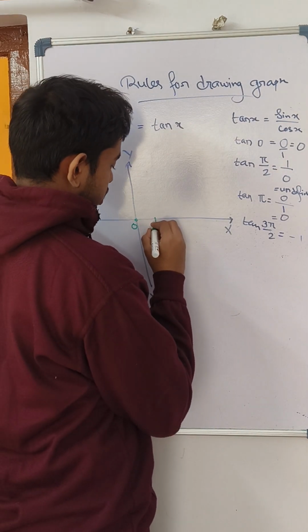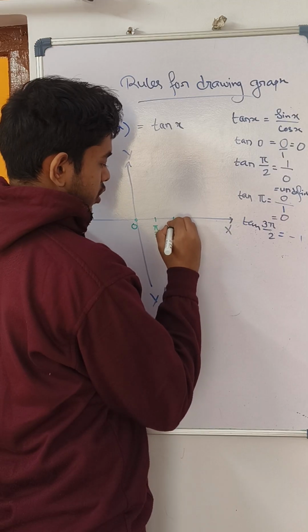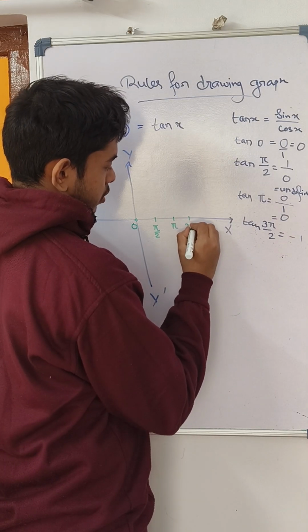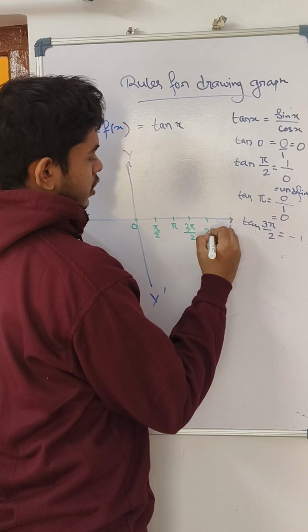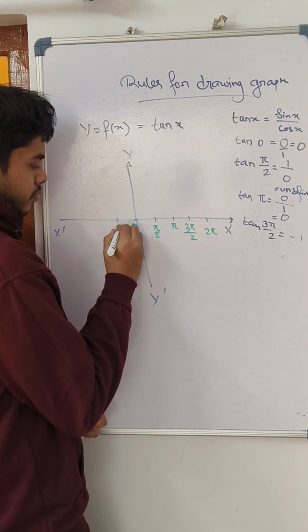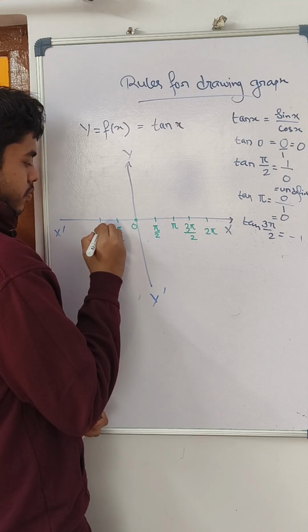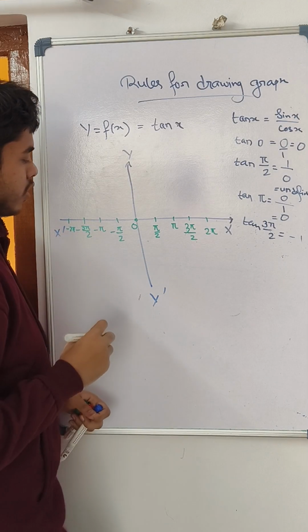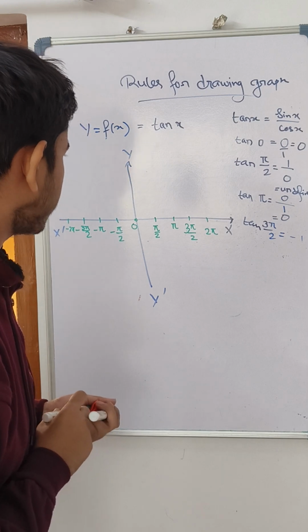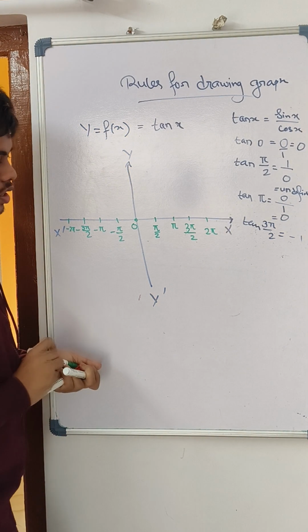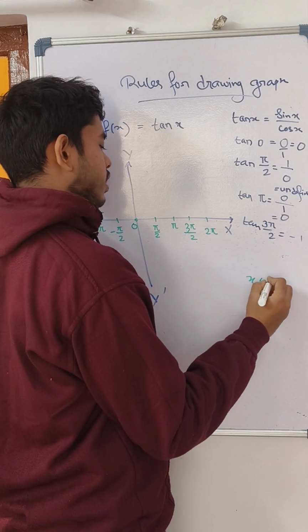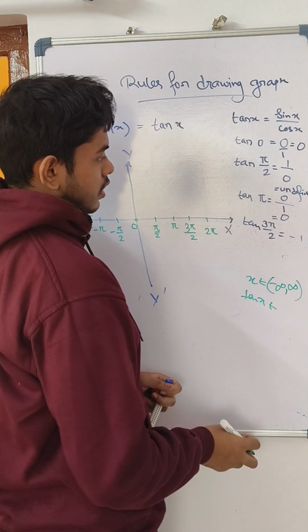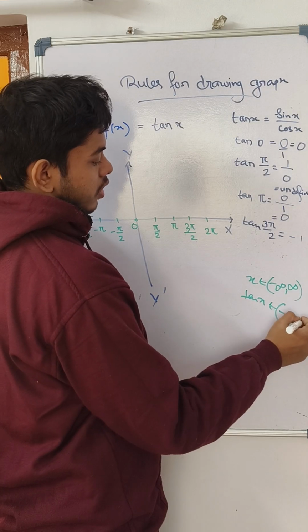Now, x can take these values, but the range of tan x is also minus infinity to infinity.